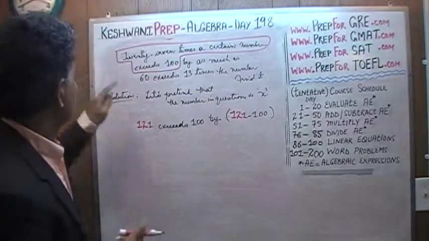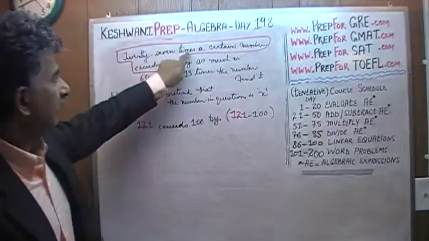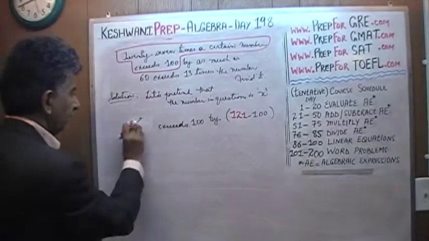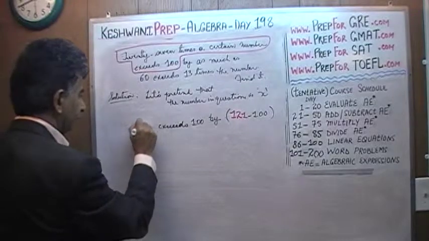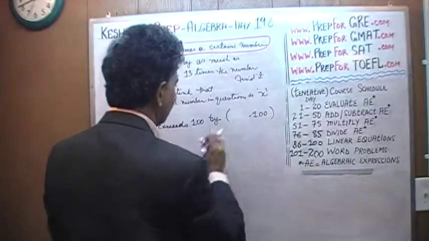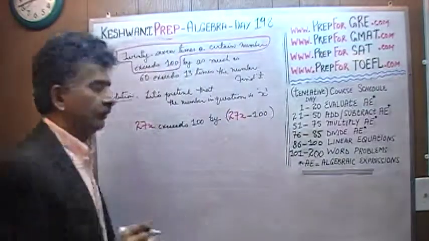Here the question is, 27 times x exceeds 100 by how much? Well, 27x exceeds 100 by whatever the 27x is minus 100 from it.